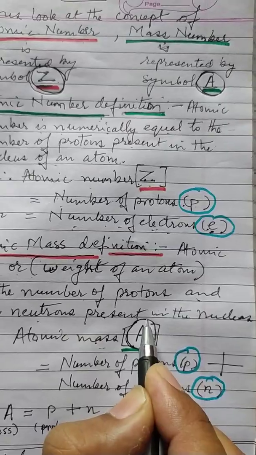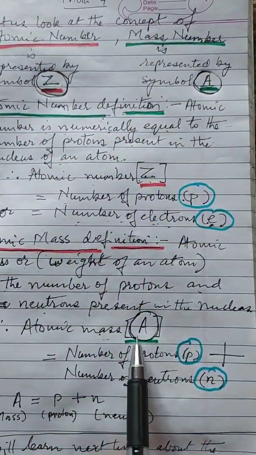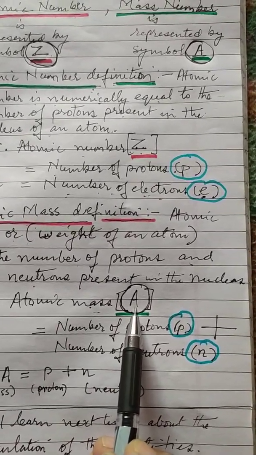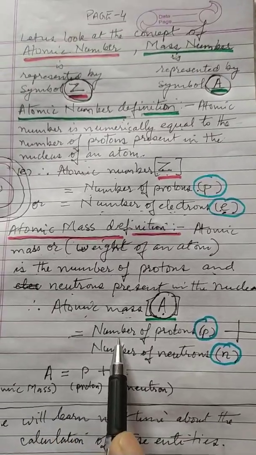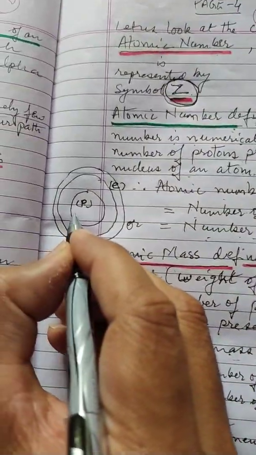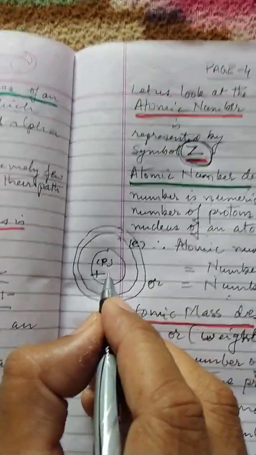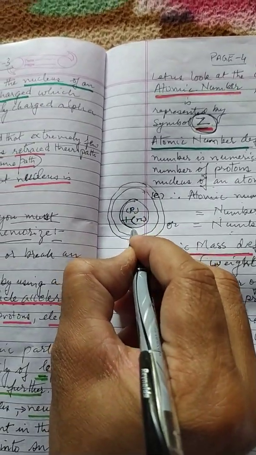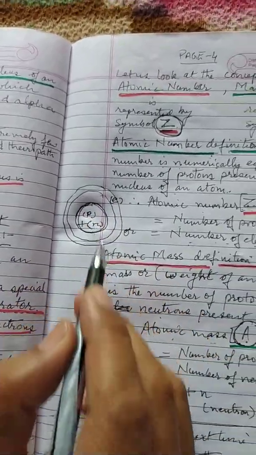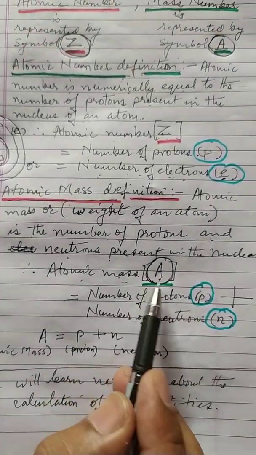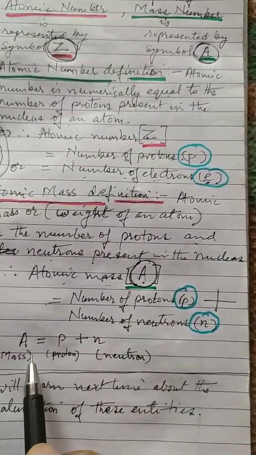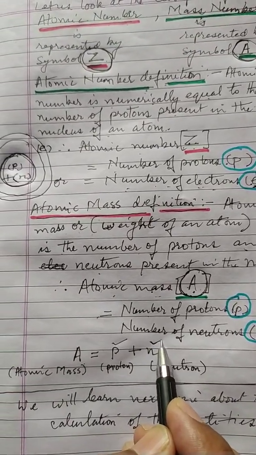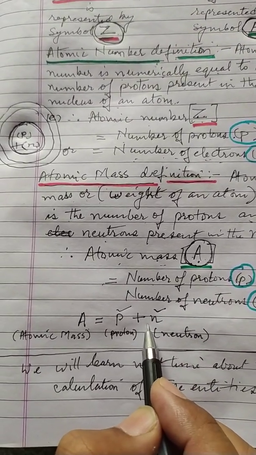This is the symbol A. And this symbol A, or the atomic mass, is equal to the number of protons plus the number of neutrons, represented by small n, inside the nucleus of an atom. So atomic mass A is equal to the number of protons plus the number of neutrons present in the nucleus of an atom.